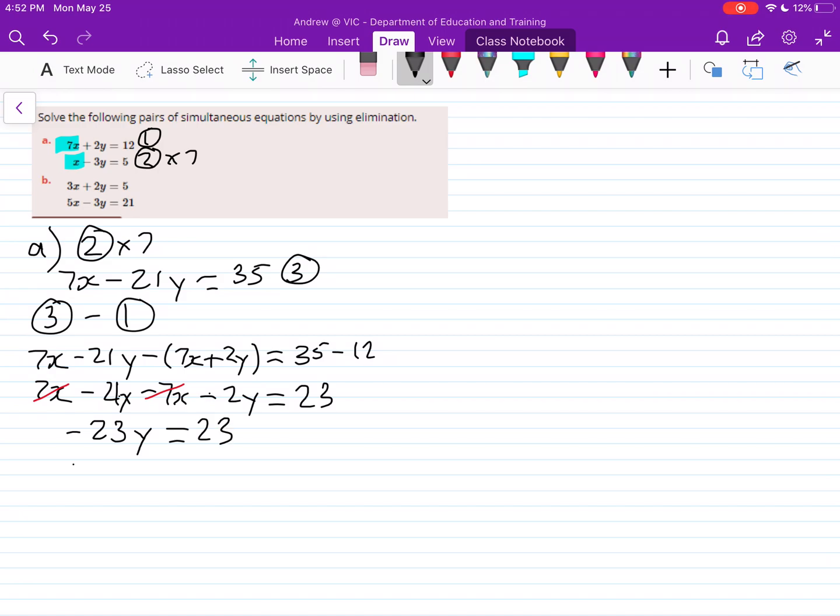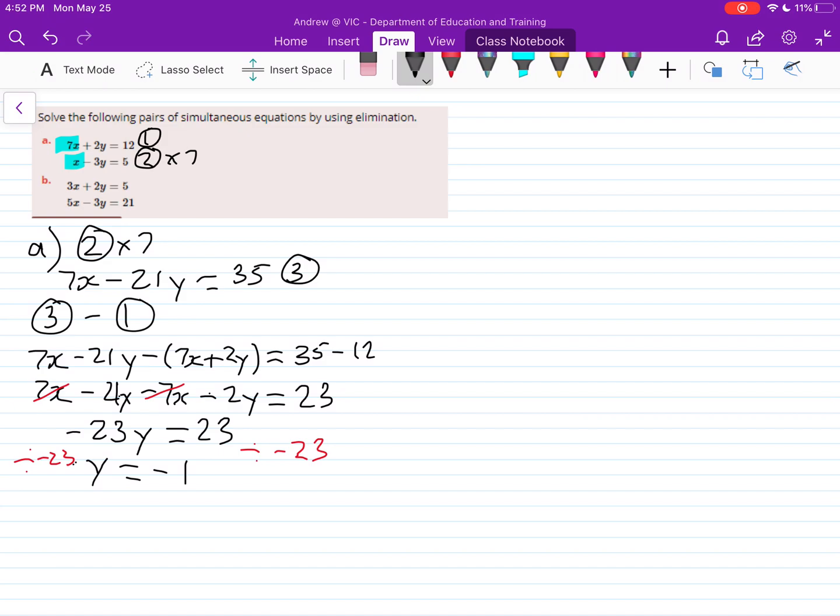So for y, we need to divide by negative 23, we'll just do it all in one step. 23 divided by negative 23 is negative 1. So y is equal to negative 1.